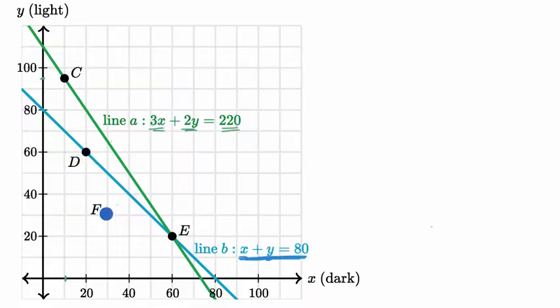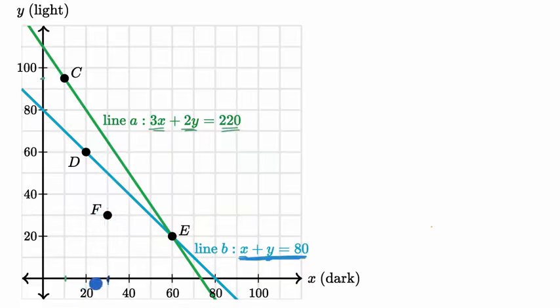Now, what about point F? Well, point F sits below both of these lines. So pause your video and think about what that means. Well, if we're sitting below both of these lines, that means that neither are we spending $220, nor are we using 80 kilograms. And you could see that if you actually look at the numbers. You don't have to do this, but this is just to make you feel good about it.